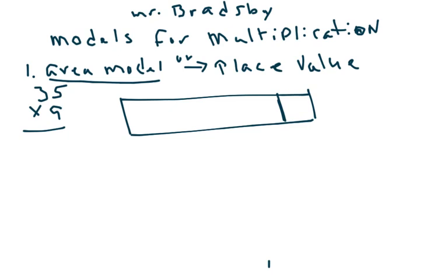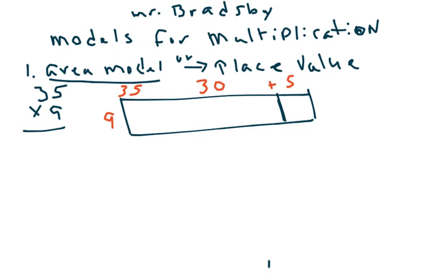As an example, we have the problem 35 times 9. So it would be 9 here and 35 here. But with the area, we do 35 as 30 plus 5.